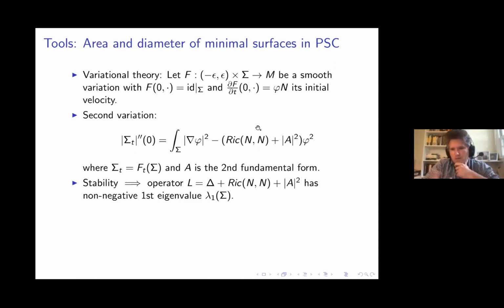That's what stable means. You try all directions phi to make the area smaller, up to second order, and you can't. So I take this gradient term and integrate by parts. That quadratic form having a sign tells me that this operator, Laplacian plus Ricci in the normal direction plus |A| squared, has a non-negative first eigenvalue, lambda 1.